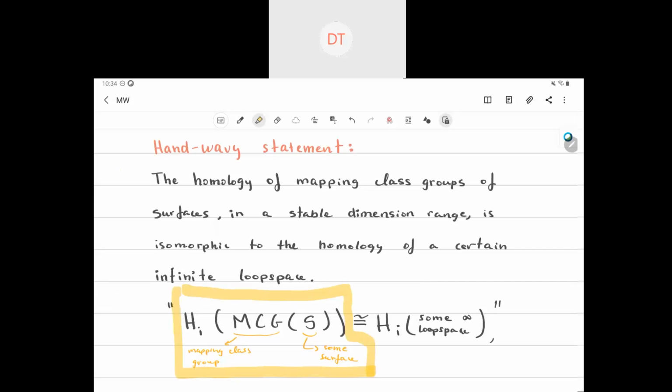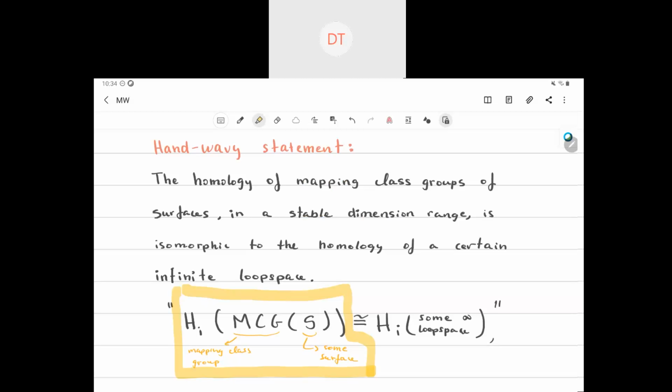I'm assuming that, like me, some of you don't know what this is. Some of you might, but still, I'm going to say more precisely what that is. It's the homology of this group related to a surface S, the mapping class group of a surface S. And on the right-hand side, we have the homology of some infinite loop space.